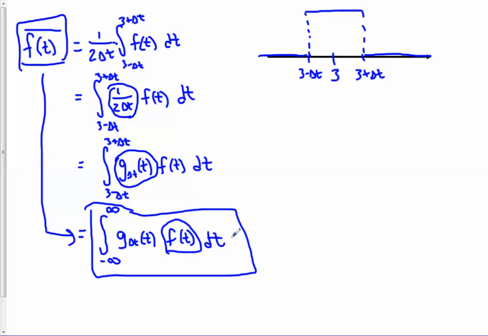Well, that's great. Now let's turn that into the delta. Remember, the delta function is this g function, but we let the delta t go smaller and smaller and smaller, so that this gets closer and this gets closer.